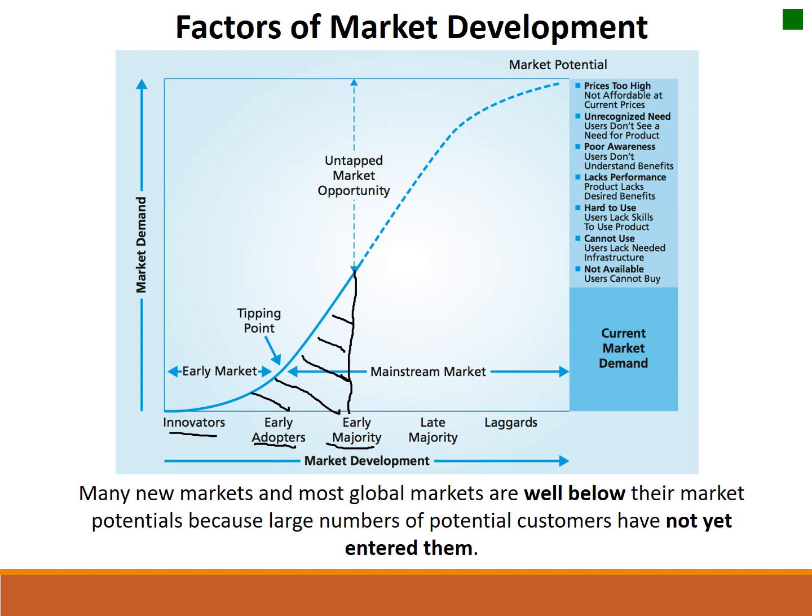Now, oftentimes this is a function of time, but it could also be a function of those other aspects of the product life cycle curve we talked about earlier. It could be that they're not aware of the product. It could be that the product does not have a lot of relative advantage. It could be that the product's hard to use, or that the consumers have a difficult time understanding it, or maybe it's not available to them, or they can't try it before they use it, and so on.